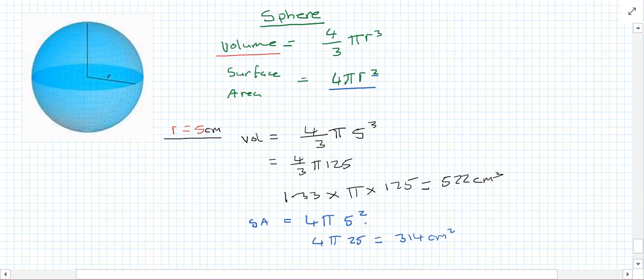Okay, so remember, surface area is going to be in centimeters squared as opposed to centimeters cubed like volume.